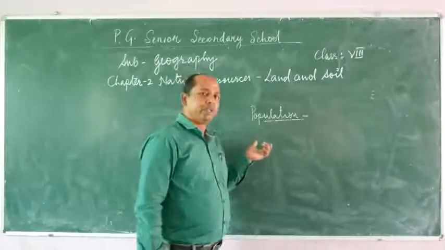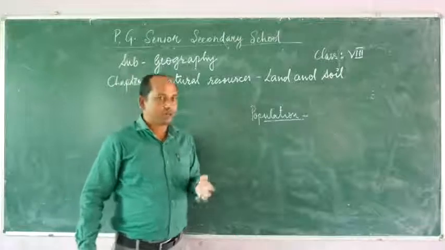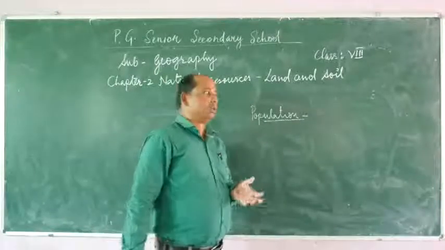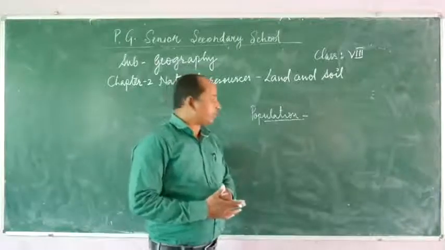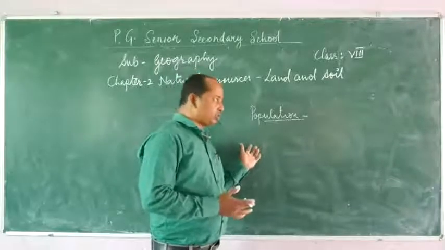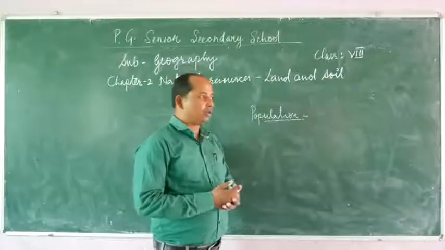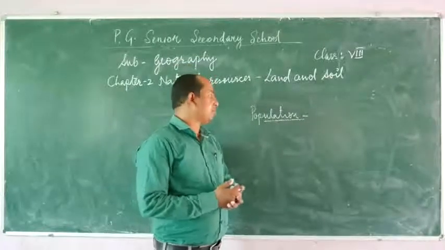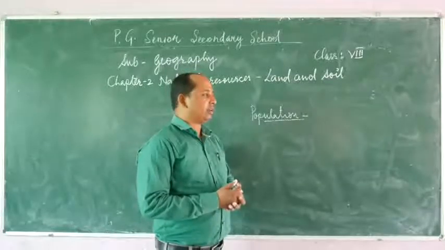Because to fulfill the needs of the growing population, we are using a lot of chemical fertilizers, and a lot of crops we are growing year by year. That is why the land resource is degraded year after year. So we should think about this, and we should try to control our activity.